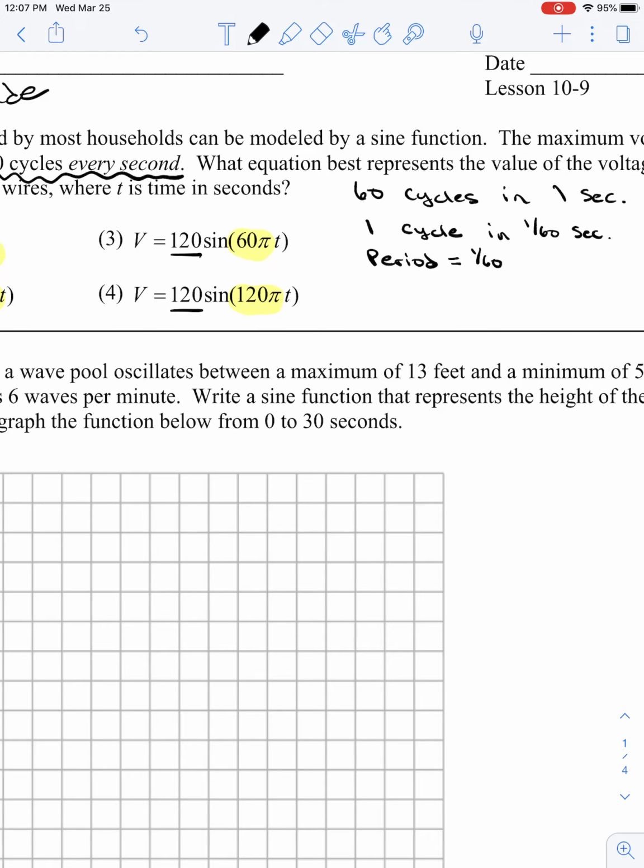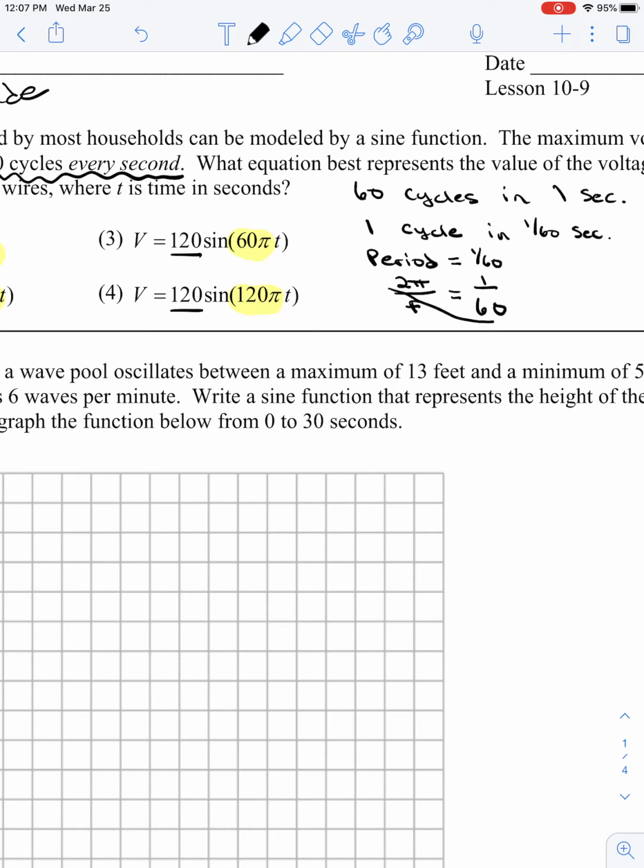So now I'm going to work backwards and find the frequency. I know the formula for period is 2 pi divided by b, or sometimes we use b for frequency, sometimes we use the letter f. You can use either one, it doesn't matter. And I'm going to set that equal to what I know the period is. So 2 pi divided by the frequency equals 1/60.